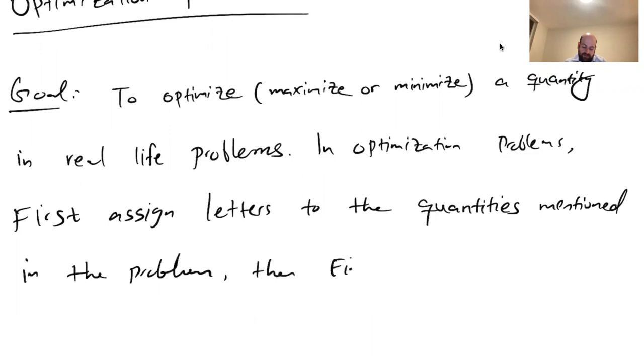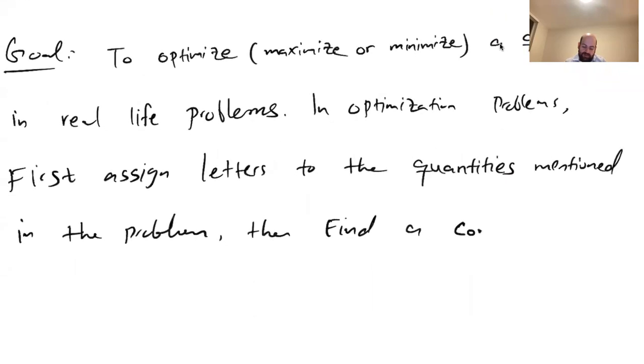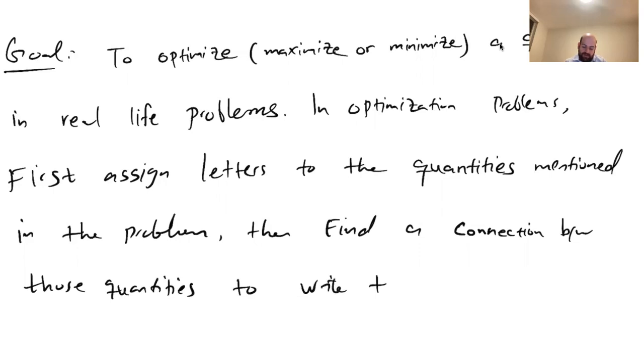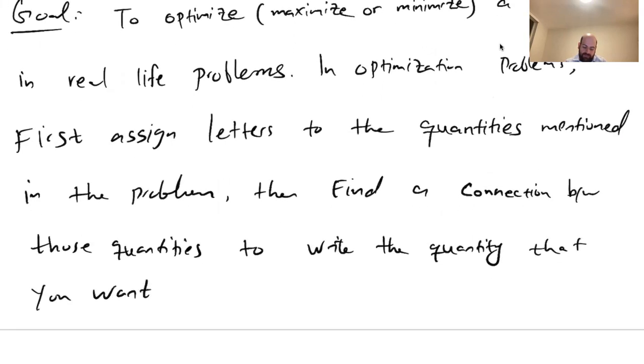Then find a connection between those quantities to write the quantity that you want to optimize in terms of one variable only.